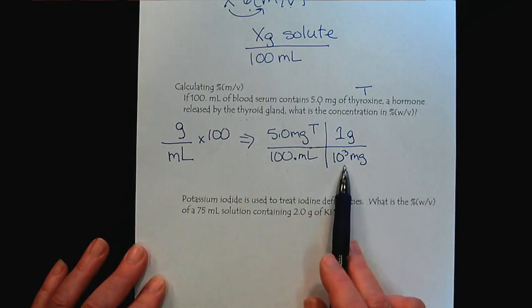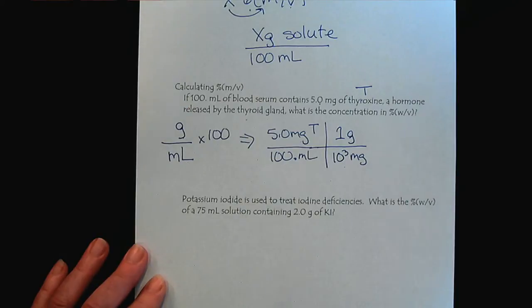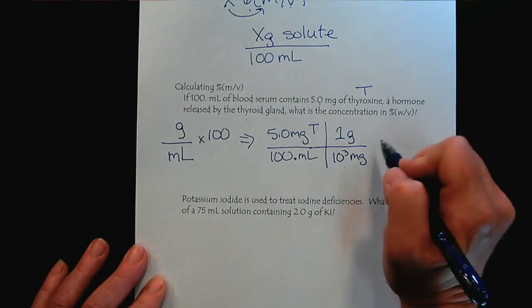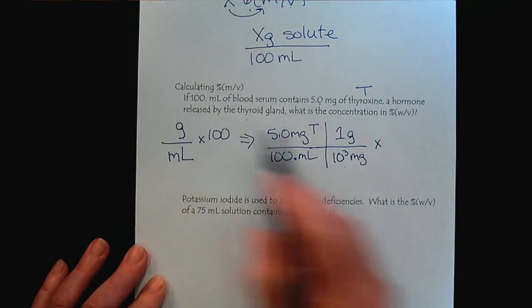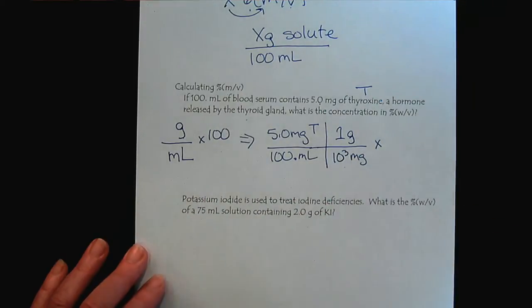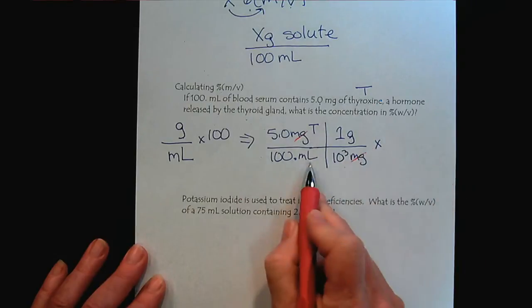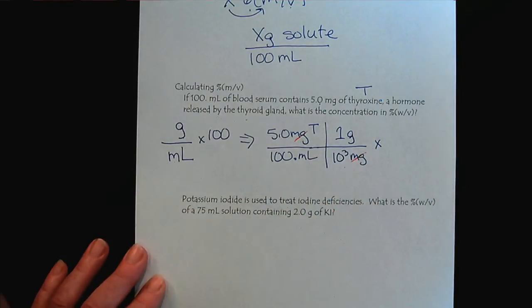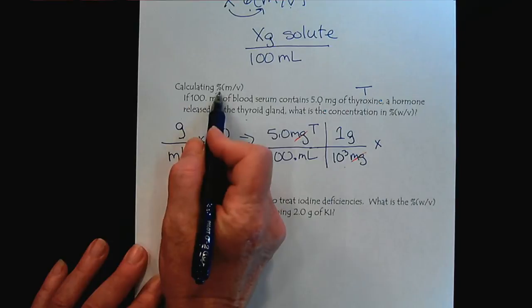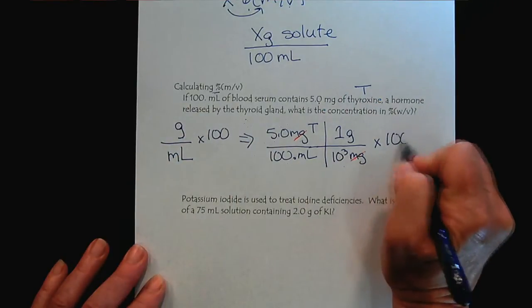So if this step is causing you some trouble, please take advantage of that resource. And then because it's going to be a percent, now we have our mass in grams and our volume in milliliters, and then because we're doing a percent, we multiply by 100.